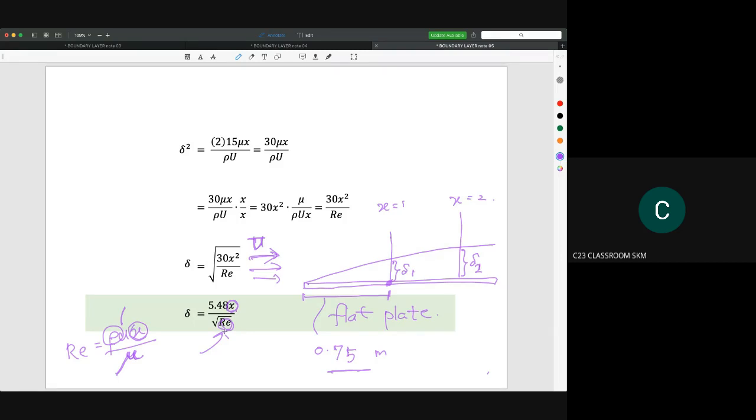If you use the information for x1, you will get the boundary layer thickness at point 1. If you use the information at point 2, you will get the delta at point 2. This is the idea of how to use the von Karman equation, and it will lead you to the boundary layer thickness.